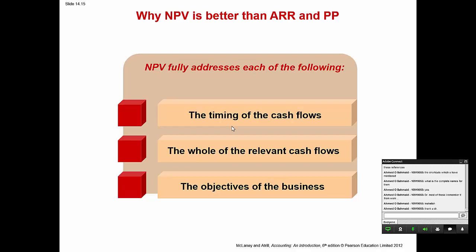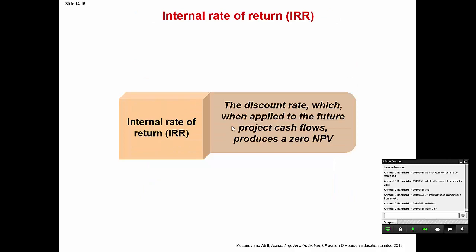Because when we count the net present value, we will select the highest net present value. That means the highest net present value will be the maximum wealth we will make from this investment.